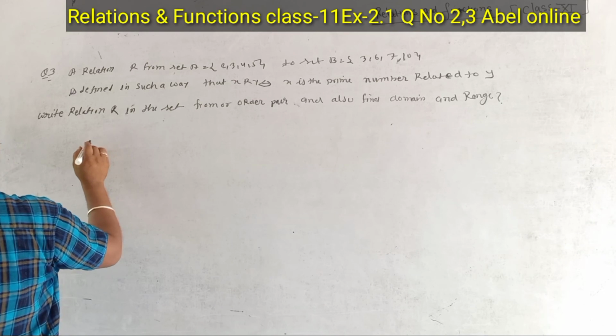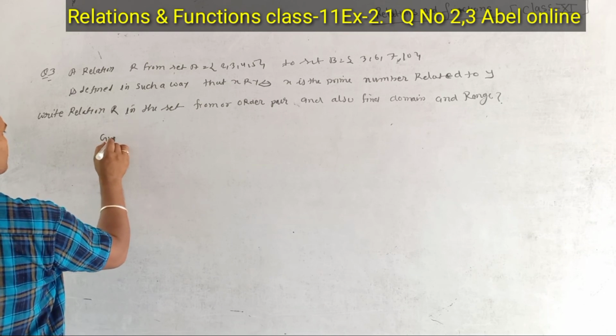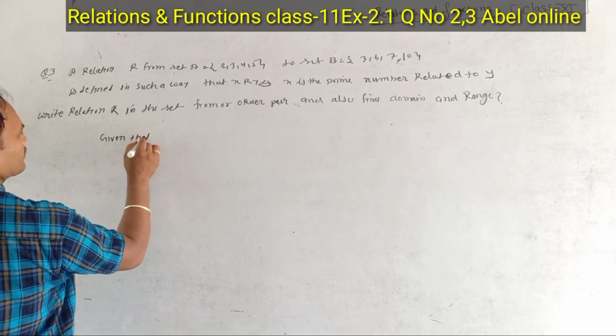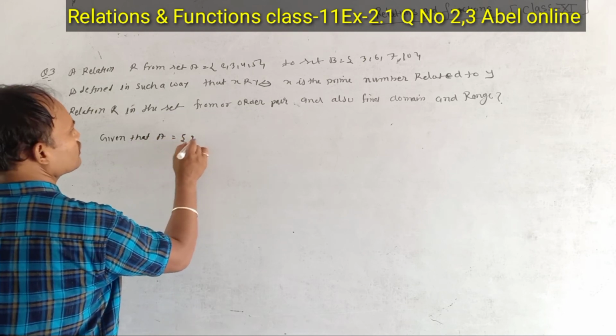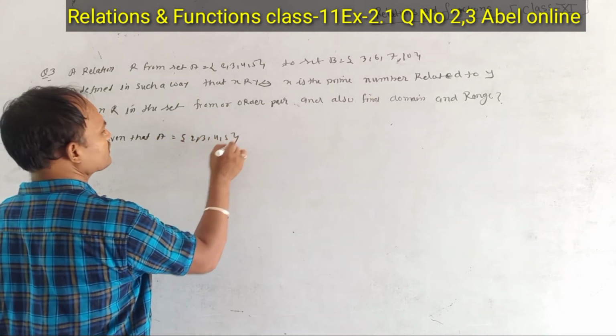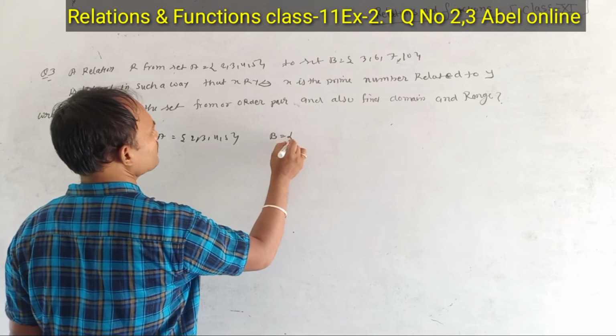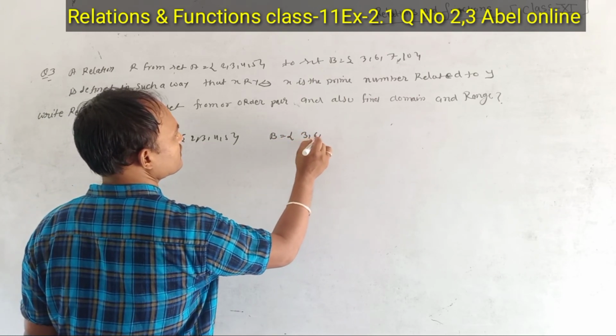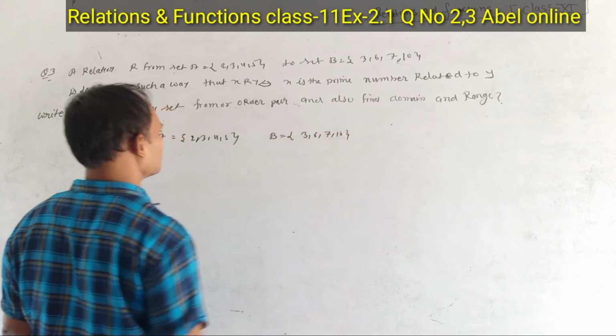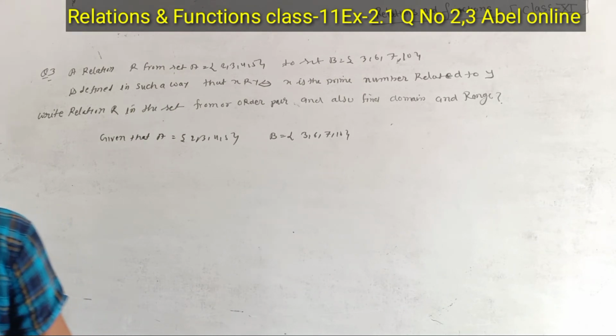So firstly, I write the given: A = {2, 3, 4, 5} is given, and B = {3, 6, 7, 10} is also given.